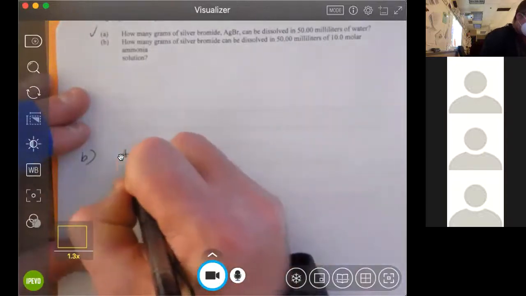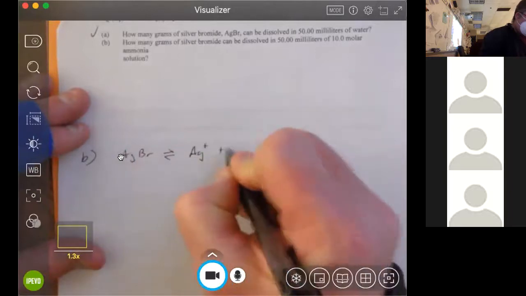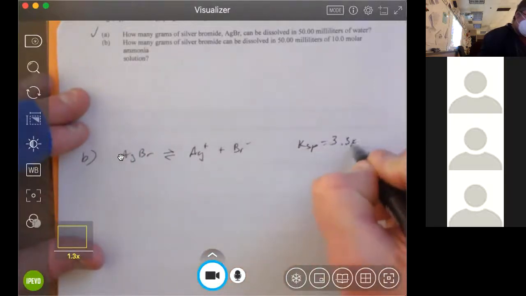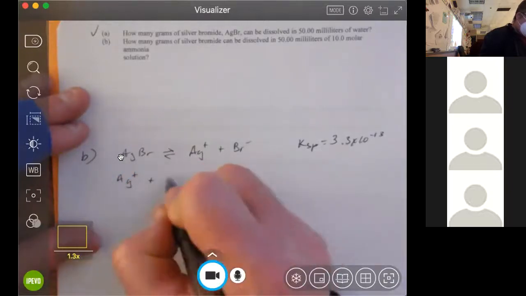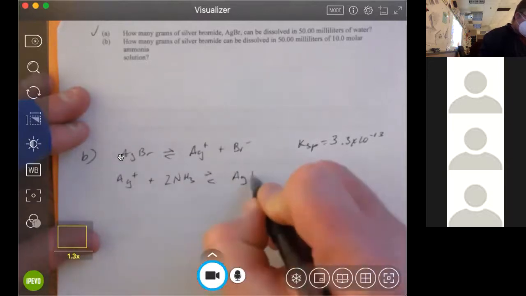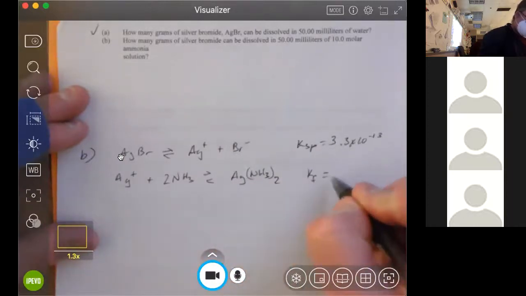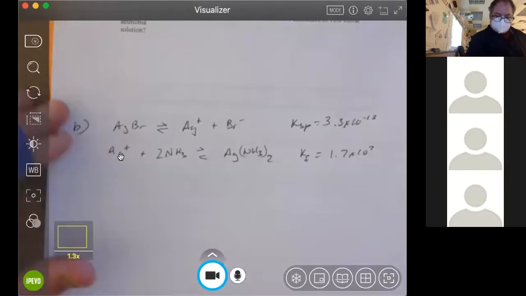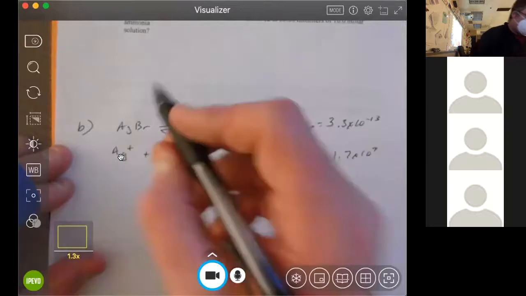So the first thing we have to do is look at these equations. All right, so looking at this, we know that this is going to be 1 because this is solid, right?